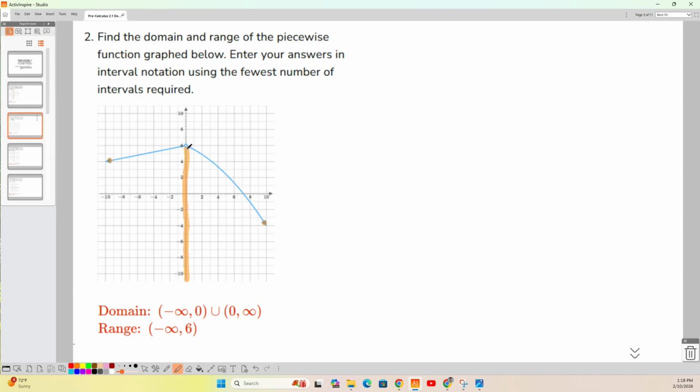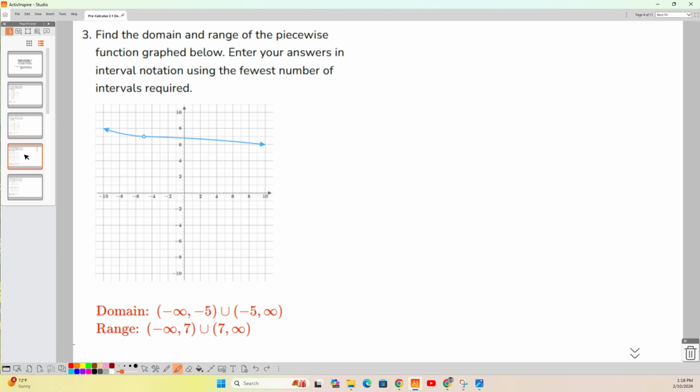But then the maximum y value that we see is 6, but not including 6 because of the open circle at 6. That's the highest this graph gets. So the range is -infinity up to 6, not including 6, so we use a parenthesis.